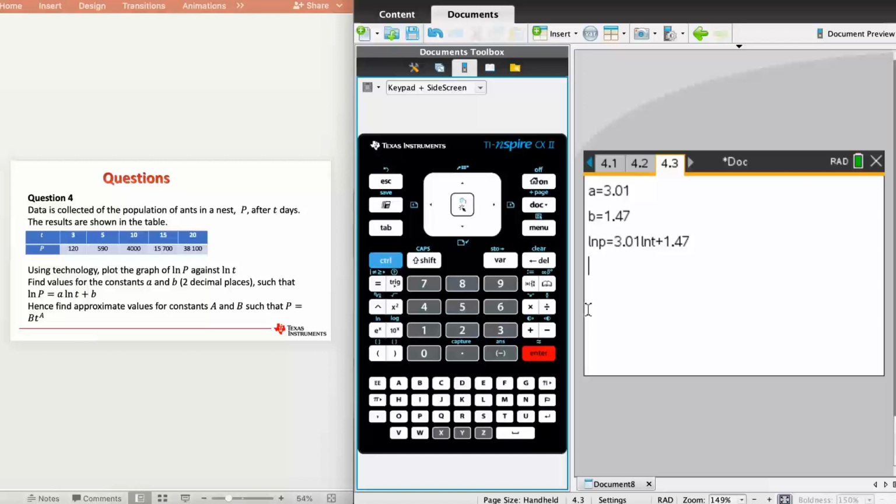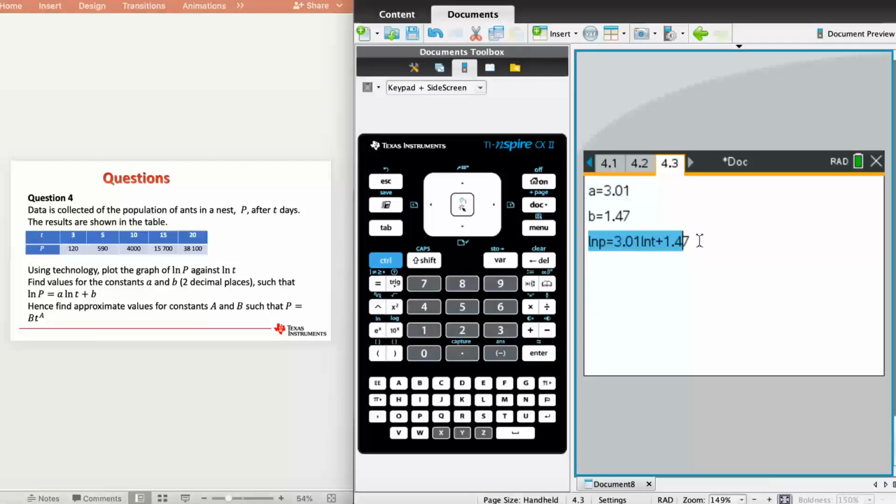The way I'm going to do this is to start by subtracting, so taking this equation, and I'm going to subtract. So all I've done here is I've subtracted 3.01 log of t on the left-hand side of the equation.